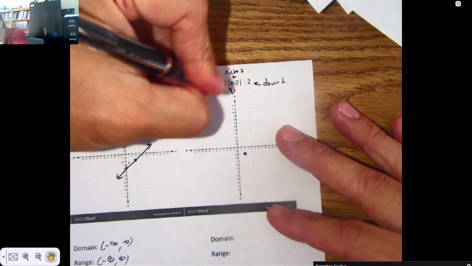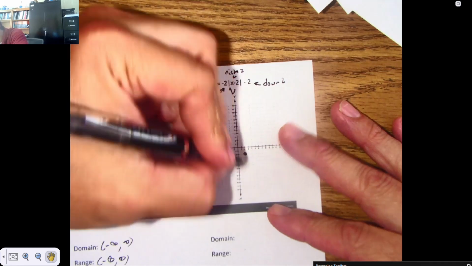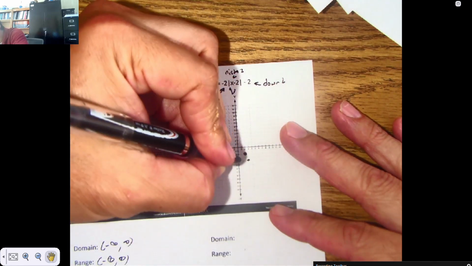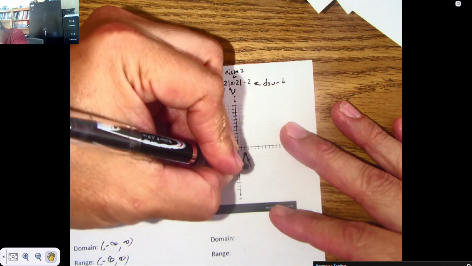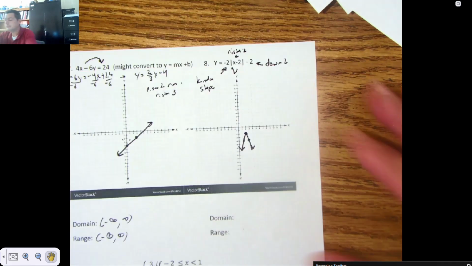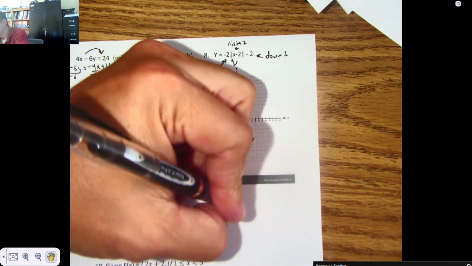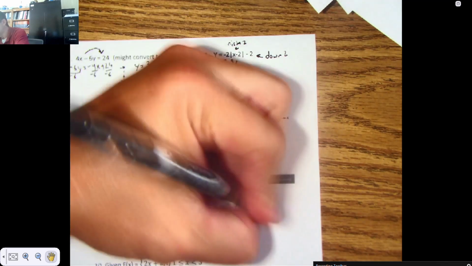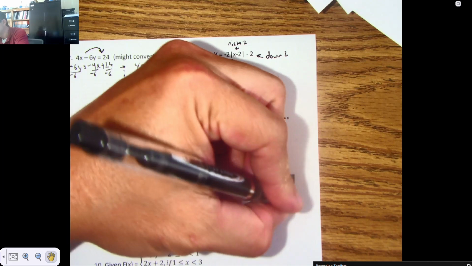This is my slope, and I have to go both ways, right? All right, now for the domain and range. The domain is negative infinity to infinity, such that x is an element of the real.